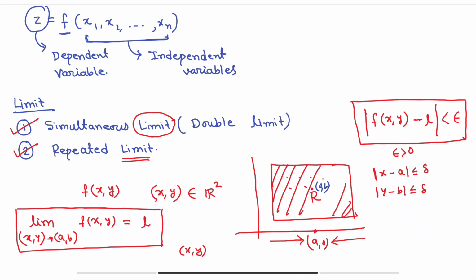What is simultaneous limit and what is repeated limit? So first one is simultaneous limit.